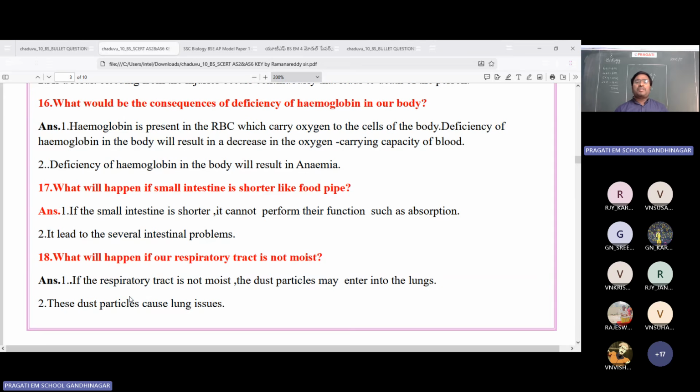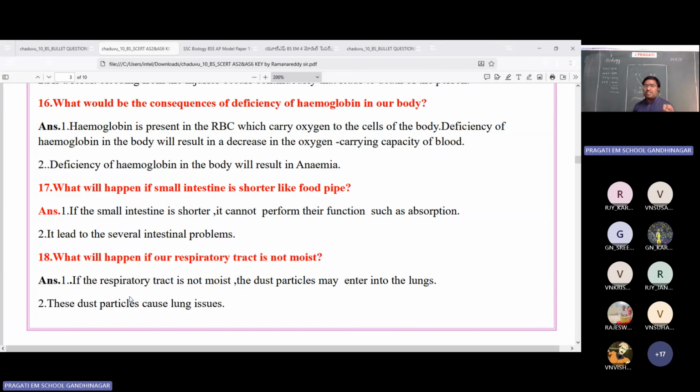Okay, now 17th question. What will happen if the small intestine is shorter like a foot pipe? What will happen, children? The small intestine is nearly a 7-meter coiled pipe. If the length is very shortened, what will happen?